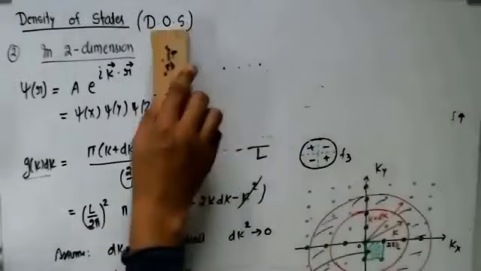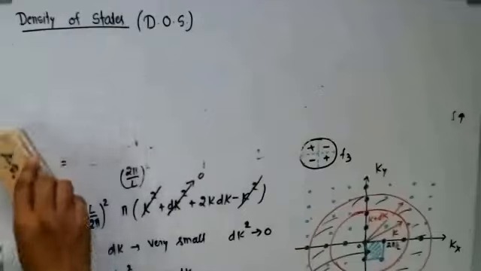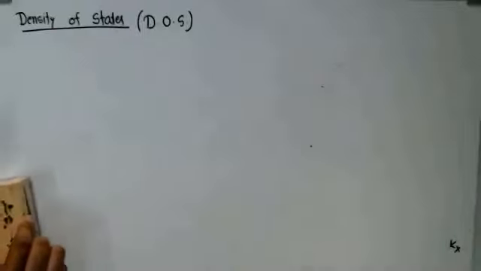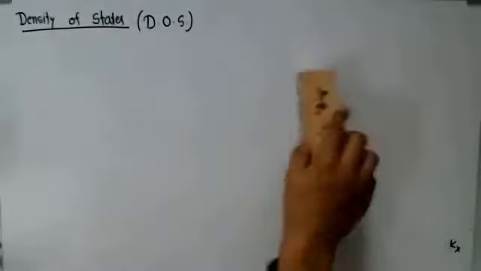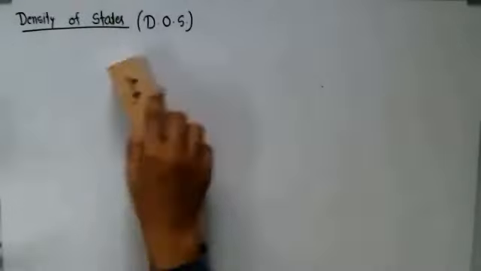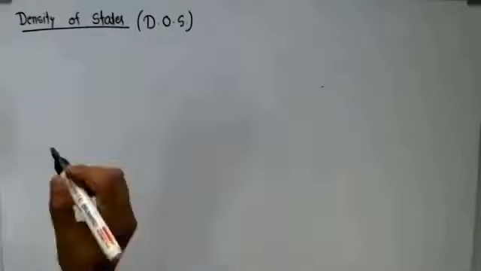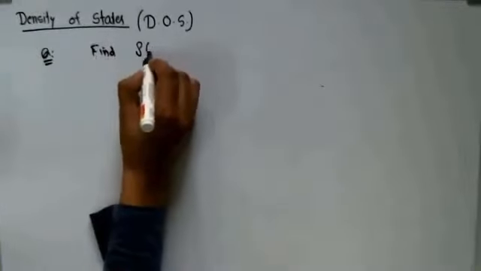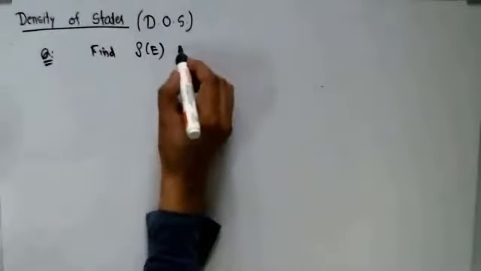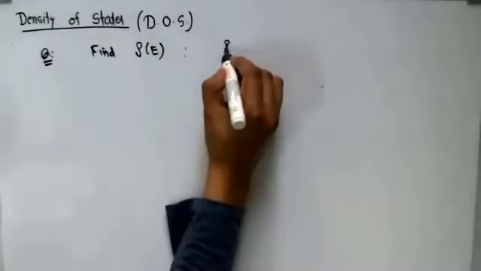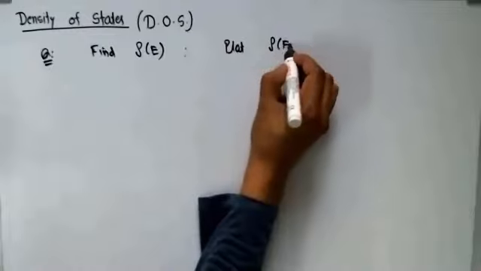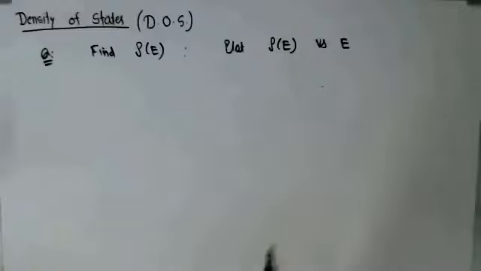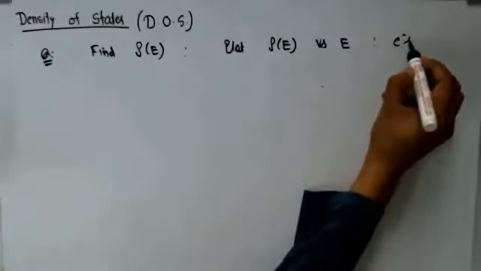Find the density of state of free non-relativistic electrons in one dimension, and also plot rho E versus E. You have to do this, and we will do this for electrons, okay?